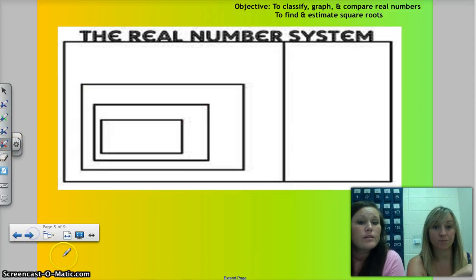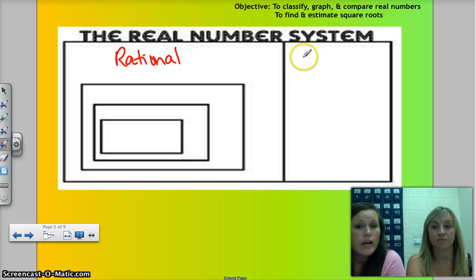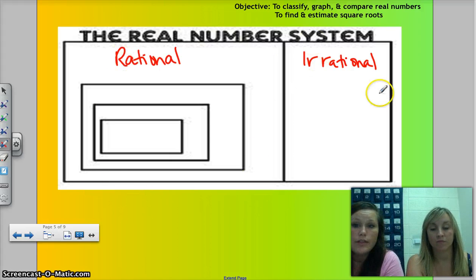All right. Real number system. I like this organization a lot better. You're going to have your rational here. You're going to have your irrational here. Anything that's inside this box counts as a rational number. Notice how there's nothing else over here with irrational. Inside the rational numbers we have integers.